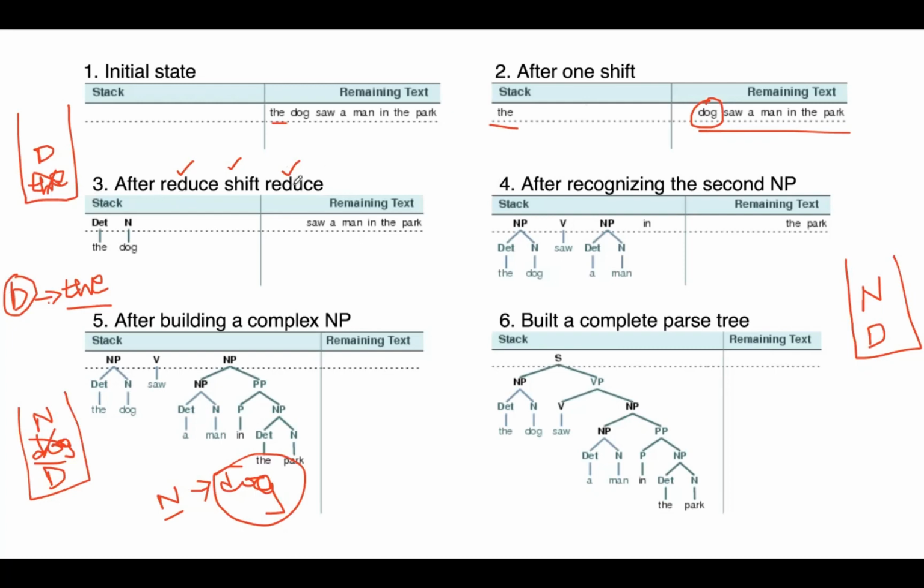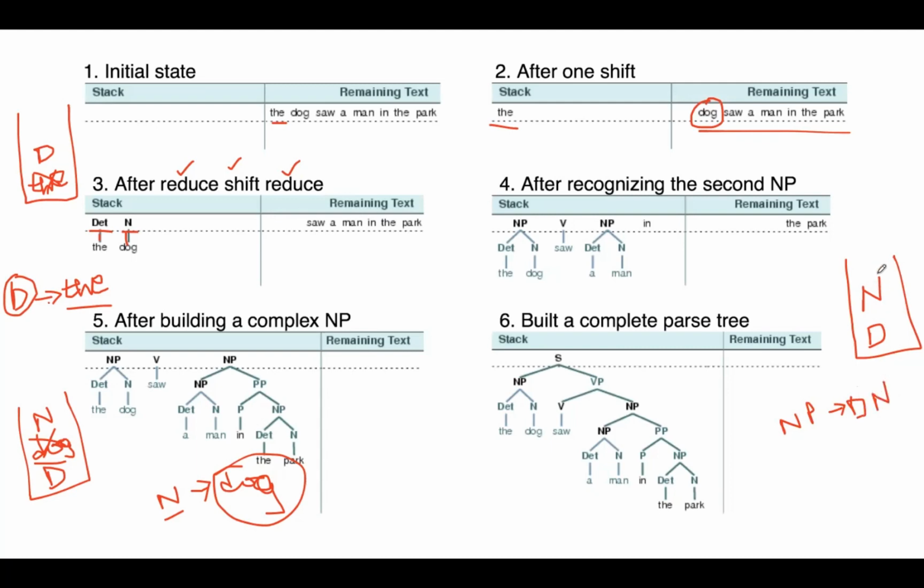After performing these operations, the stack contains determiner and noun, and these are the respective words for these two tags. Now check whether we can replace these two tags with any other phrase. As we know, NP derives determiner and noun.